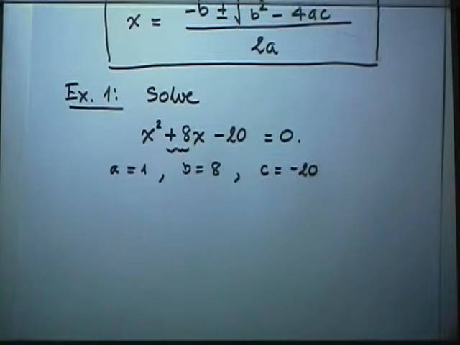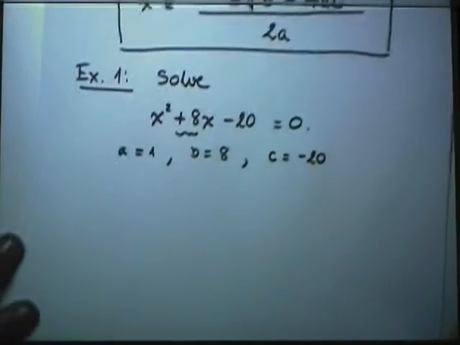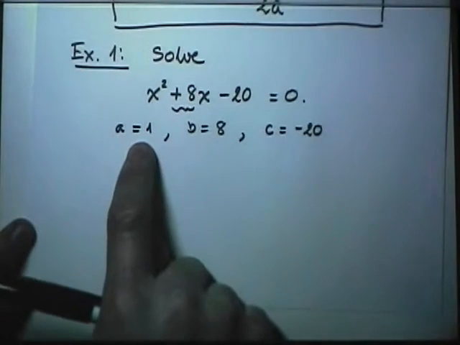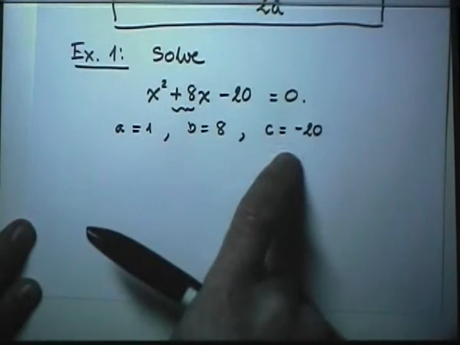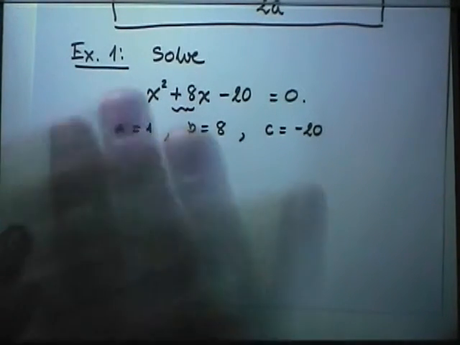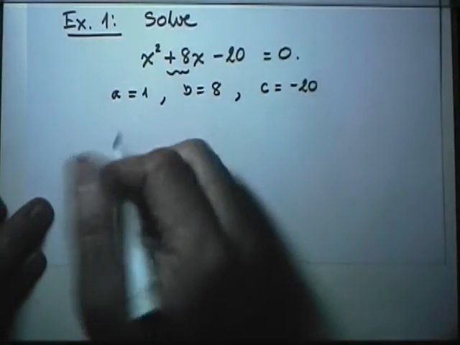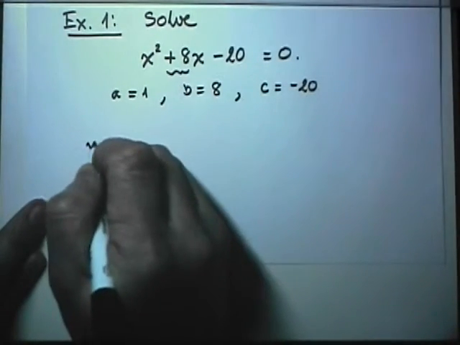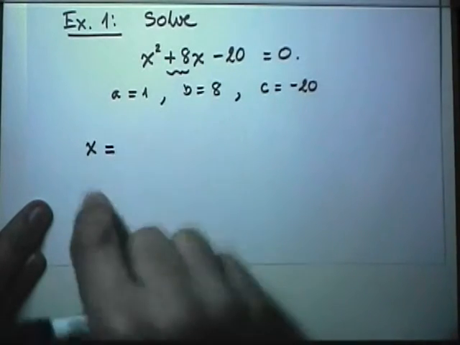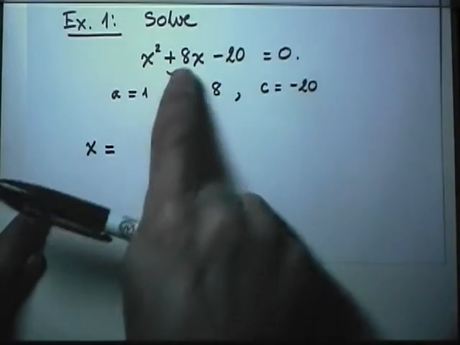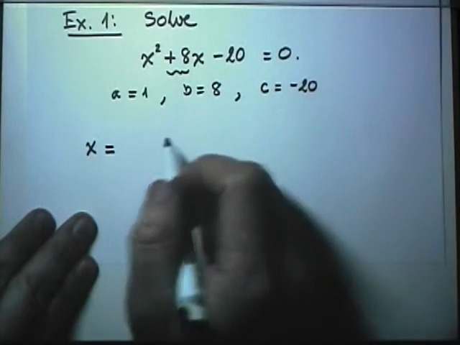So now, to solve the equation, as long as you have spotted a, b, and c, solving this equation is on the fly. You're going to plug it into the formula. So x, which is the solution of the equation, is going to be minus b.